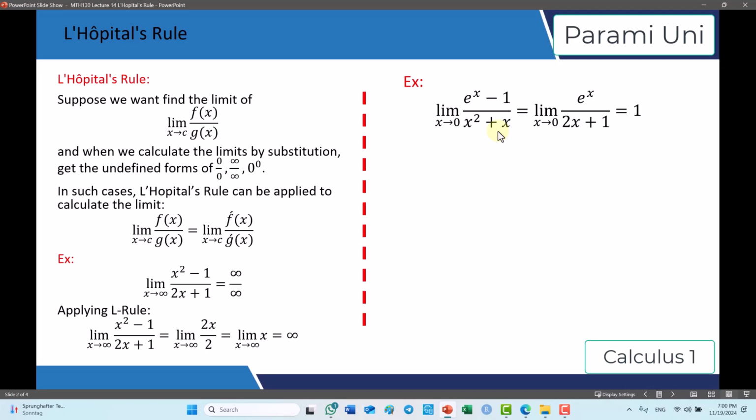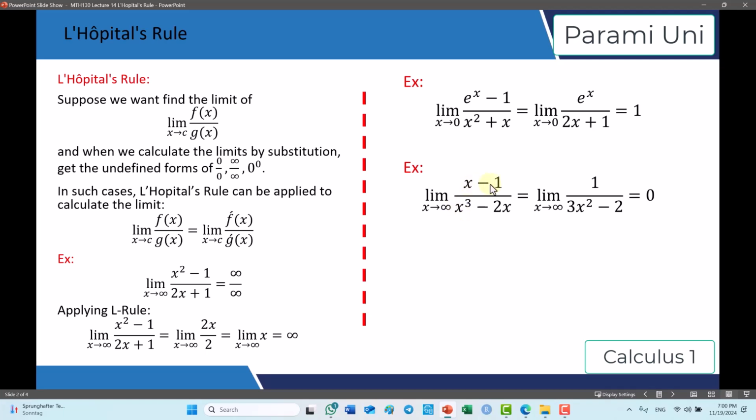Therefore, we apply L'Hopital's rule and take the first derivative of the function in the numerator as well as the function in the denominator to get e to the power x divided by 2x plus 1. Now, if you substitute 0, you get 1 there, and 0 plus 1 here. 1 divided by 1 is 1.